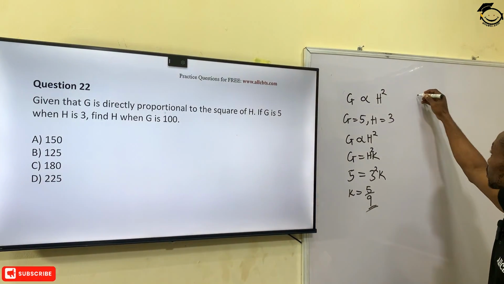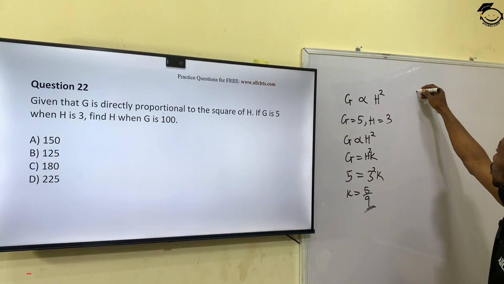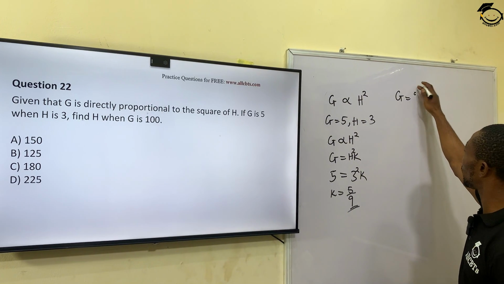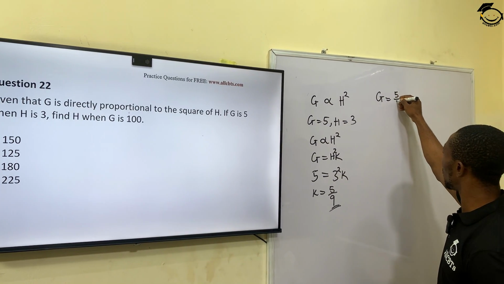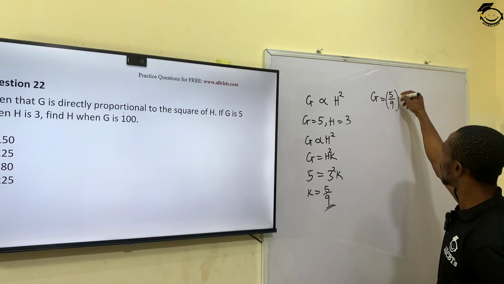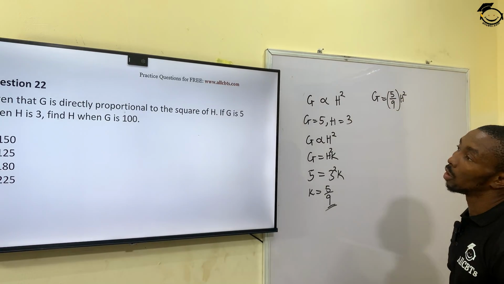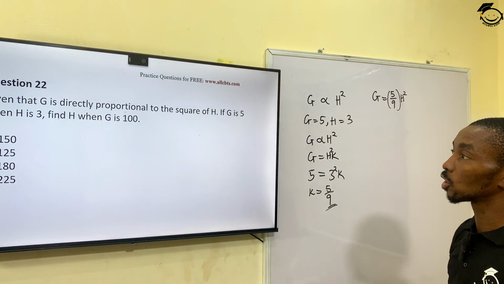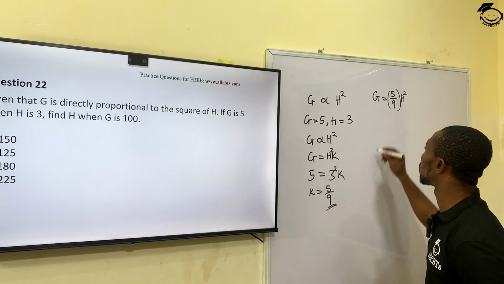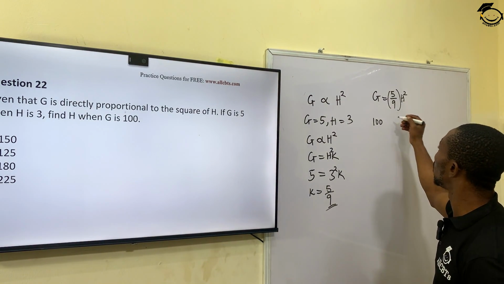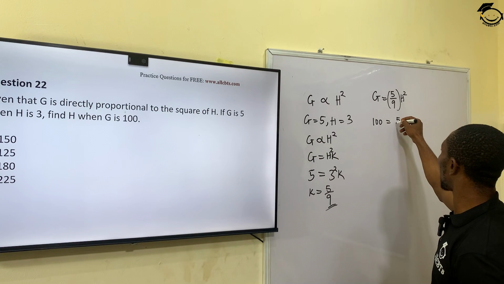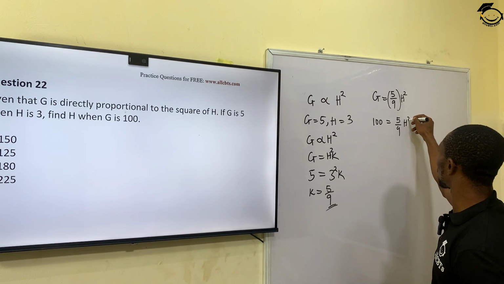Now, back to our relation, G equals 5 over 9, which is K, times H squared. Now it says when G is 100, we should find H. So when G is 100, 100 equals 5 over 9 H squared.